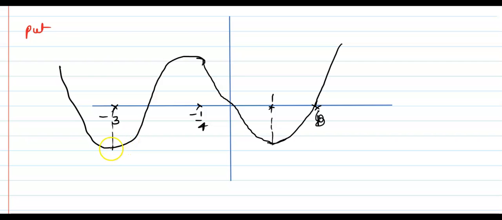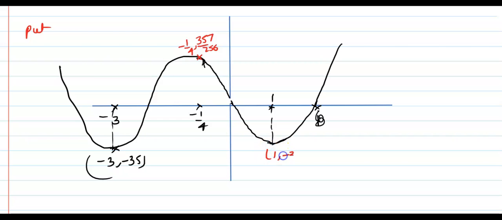So this will be minus 3 and minus 35. It should be like this. This point will be minus 1/4 and 357/256, and this is 1 and minus 3.